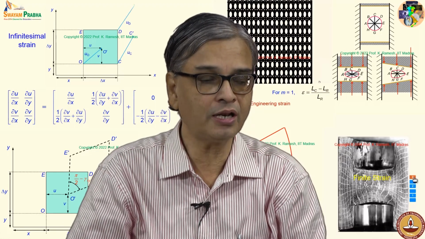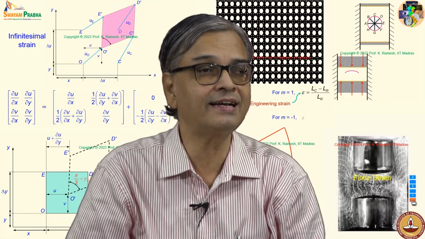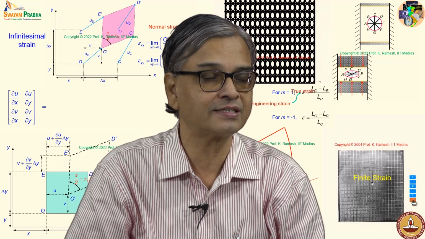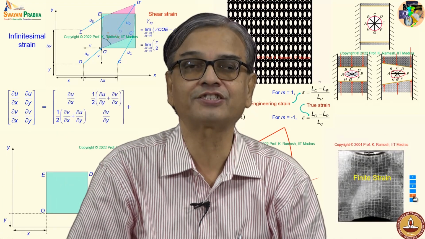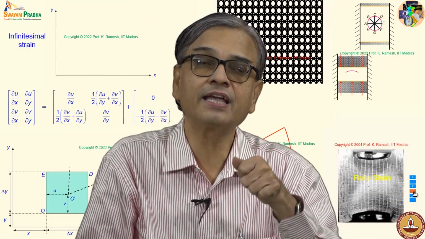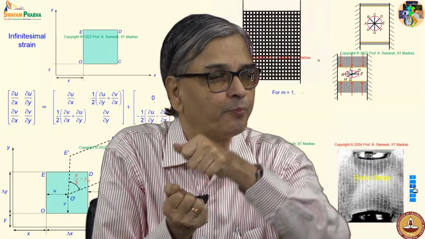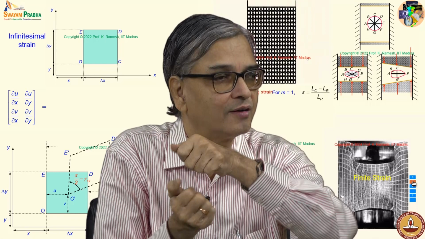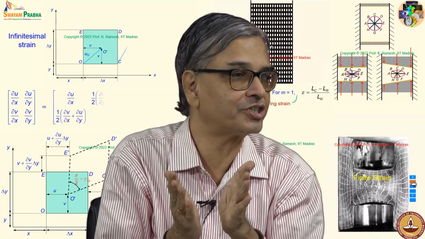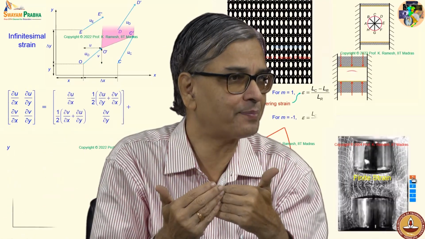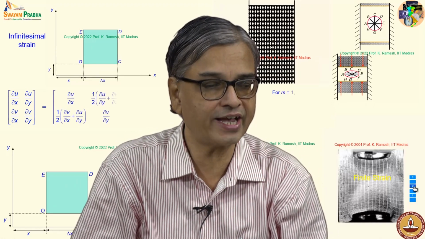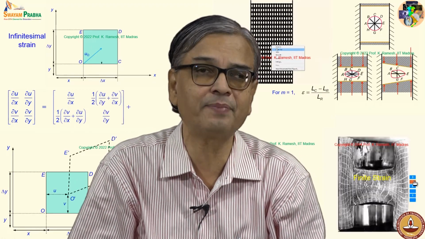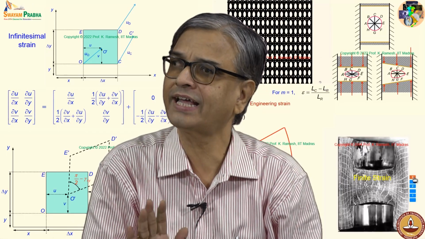Suppose I pull, if I exaggerate the deformations, I also have a lateral contraction. Suppose I push it, instead of pulling it, I compress it. What would you anticipate in the lateral dimension? Opposite of this should happen. It will bulge out. So when I have strain, it is always either biaxial or triaxial.